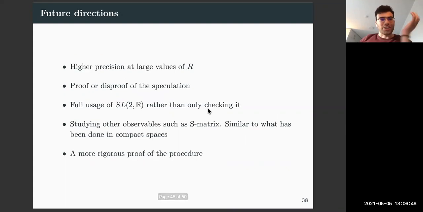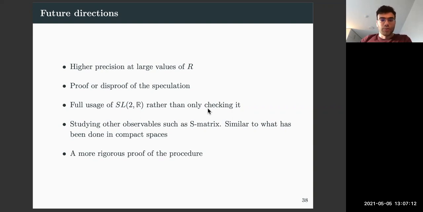And this is just a list of possible future directions. We can go to higher precision, and if we implement a method to have higher precision, then we can go to large values of R and investigate large flat space limits.